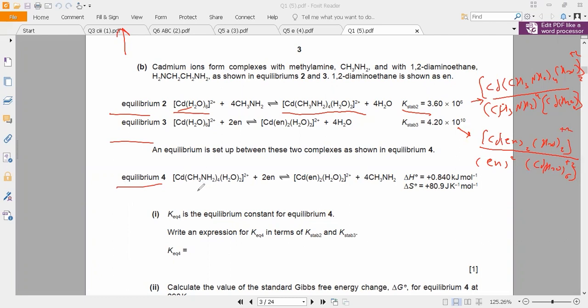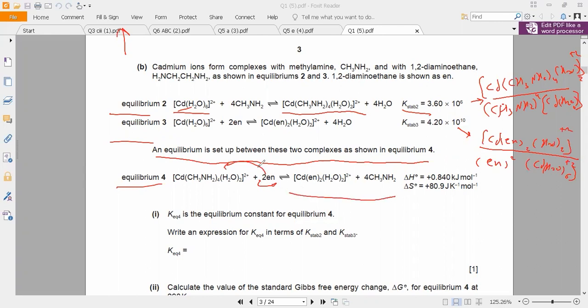Here we have another equilibrium. How do we get this equilibrium? An equilibrium is set up between these two complexes as it is shown. What did they do here? Yeah, we are adding 2en to this one, and we get this.